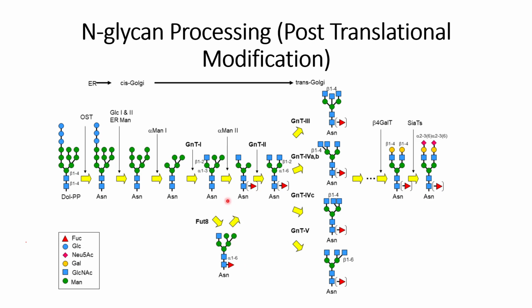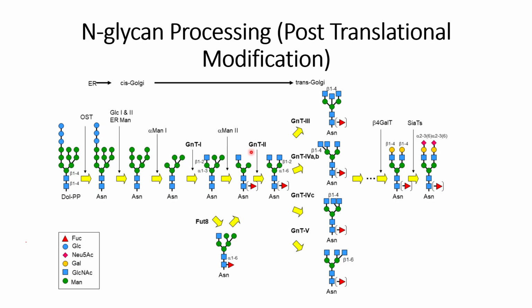And after that, this alpha mannosidase 2 will trim off two further mannose monosaccharides, leaving just 3 mannose and 3 GlcNAc along with the one fucose structure.